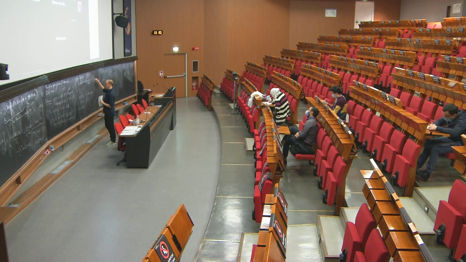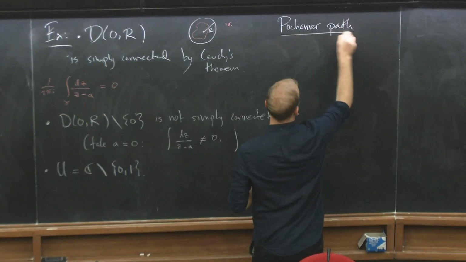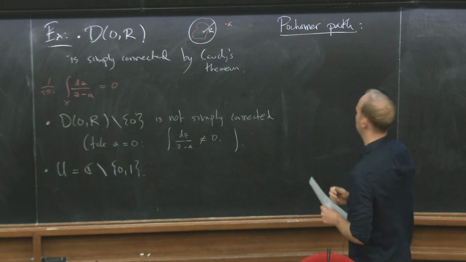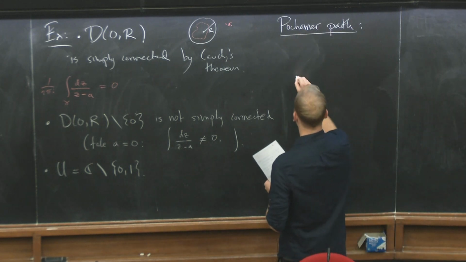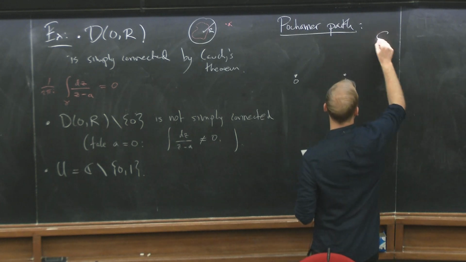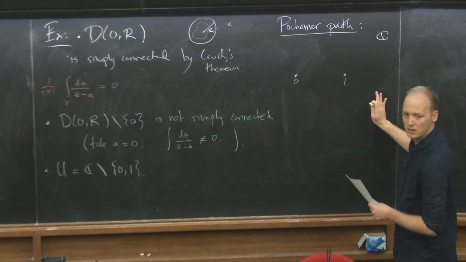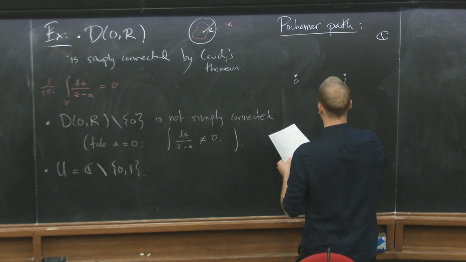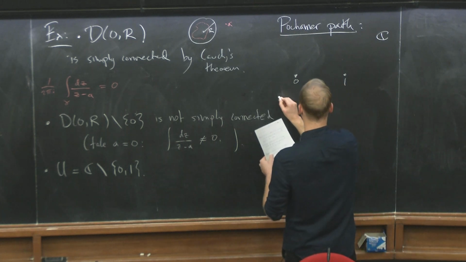Okay, so then we can draw the following picture of the so-called, I'm not sure how this is pronounced, Pochhammer path. So you remove 0 and you remove 1 from this complex plane here. And then you draw, very carefully, the following picture.